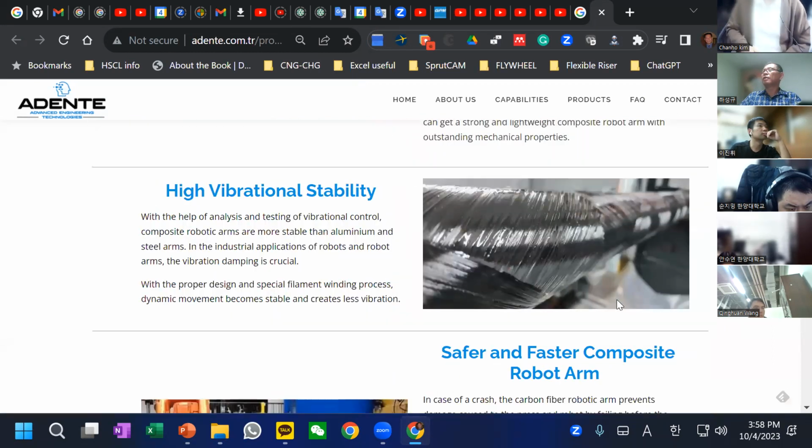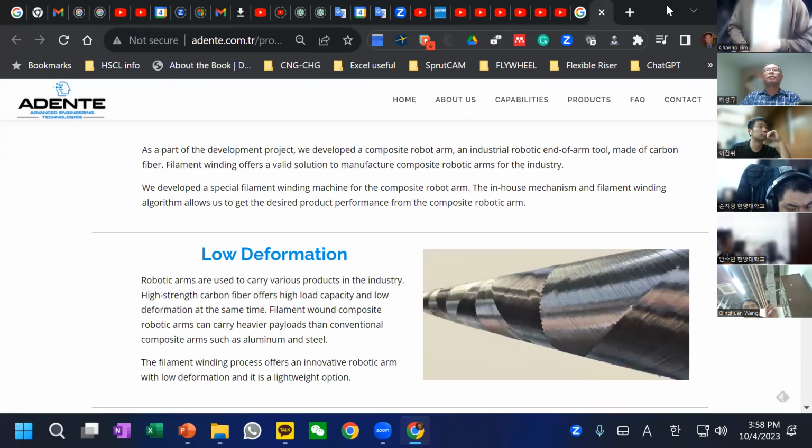Sorry, it's not quite the proper slide. Anyhow, we just review some of the manufacturing procedures of some of the composite materials.